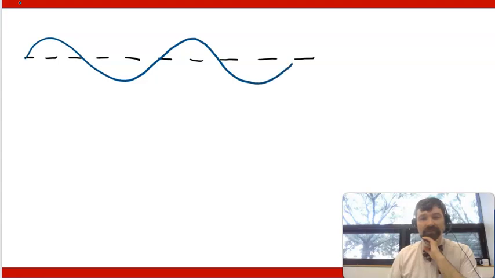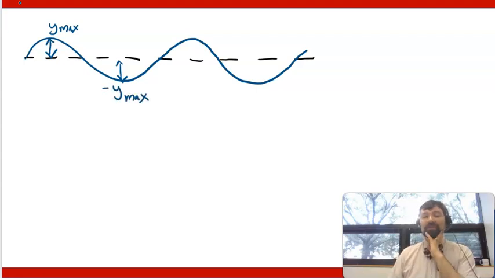And so this right here might represent my wave at a given moment in time. This height right here would represent the maximum displacement, or the amplitude, in other words. This right here would represent the maximum displacement in the opposite direction.